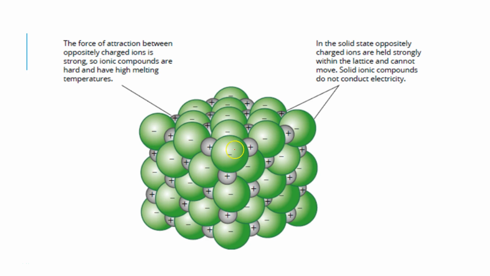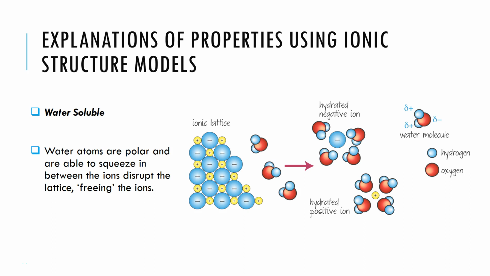Strong attraction between positive and negative, held strongly, so high melting points and high boiling points, but don't conduct electricity. Water soluble. We'll talk about this more when we do water, but essentially, because water is particularly special and has partially positive and partially negative character, it can get in between the positives and negatives in our ionic lattice, surrounding our charged species and stabilizing them and carrying them off into our solution.